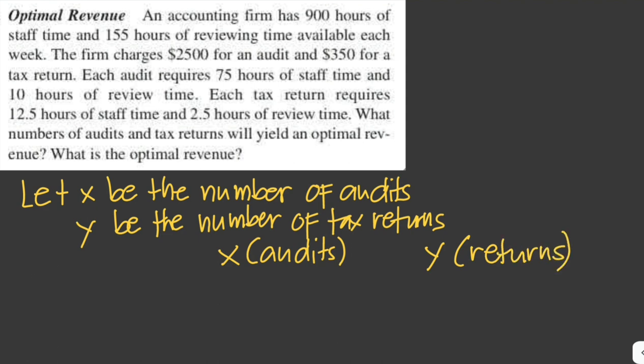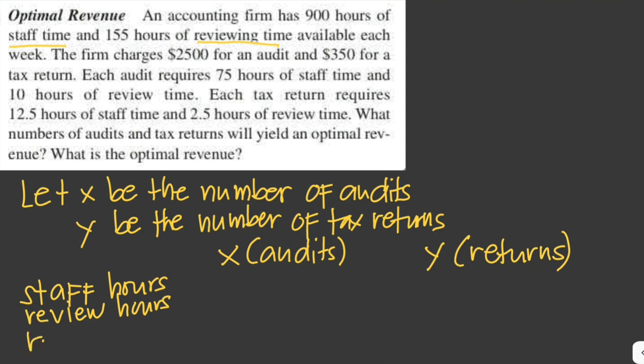And then we have here staff time or staff hours, and then review time or review hours, and then the revenue in dollars.